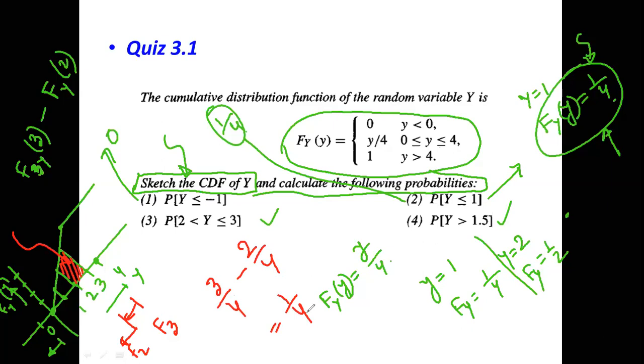Okay. Now the next one: the probability of y more than 1.5. What does it mean? How will you do that? Sir, from 1 we subtract the probability of 1.5. Very good.